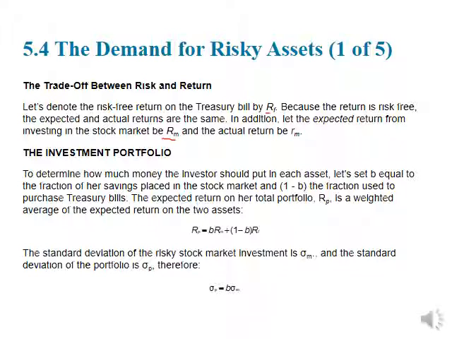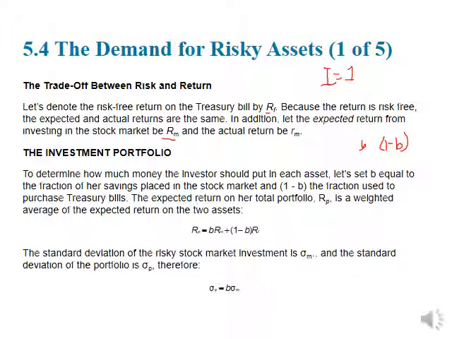So we have some investor who can place some proportion of their income, B, into the stock market, the rest of their income, 1 minus B. Let's assume income equals 1. So if B goes into the stock market, 1 minus B can go into risk-free treasury bills.